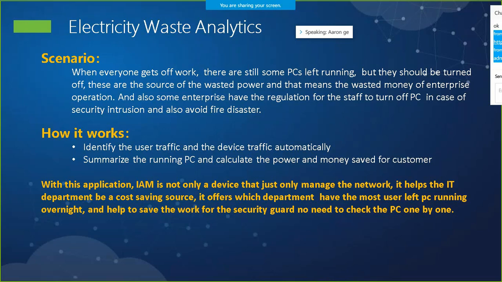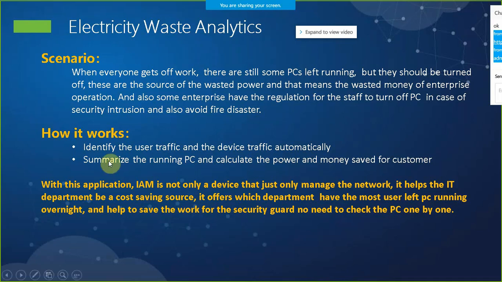So how do we identify the traffic of the user using their PC, instead of the automatic traffic generated from the PC? This is one innovation technology from Sangfor, that we can identify the user traffic and also the device traffic.